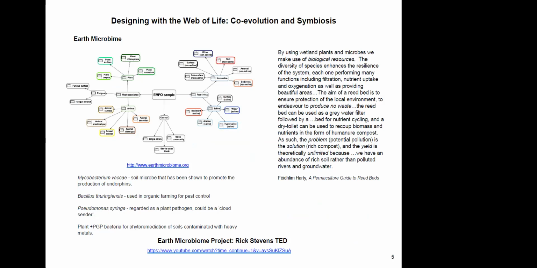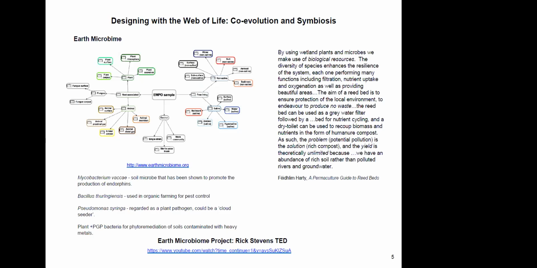So having had a look at the human microbiome, I now just want to introduce the Earth microbiome, which is an ongoing project. It's going to take a lot of years to take samples. They want to take up to 100,000 samples from all over the planet and to batch sequence them to look at the full range of creatures that are living on this planet that are invisible to us, and that until recently with modern technology we were not able to see.